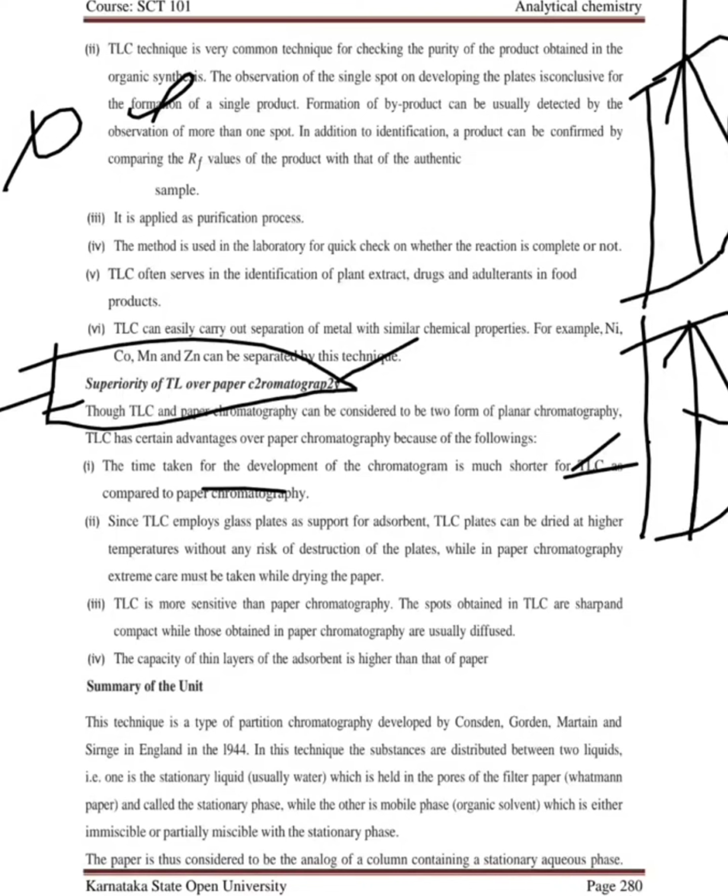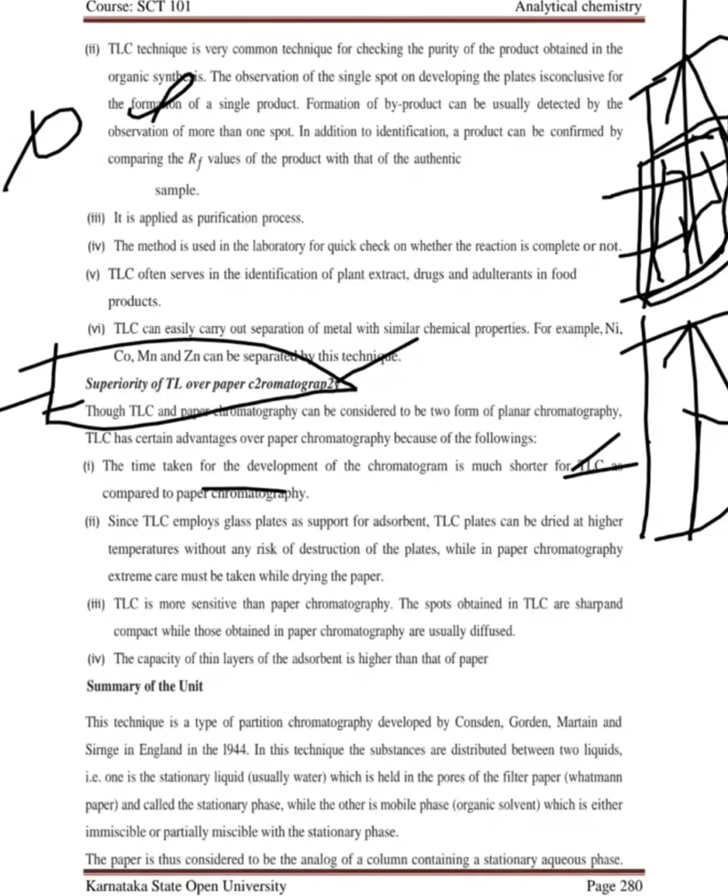Here, on the glass, we are going to use an absorbent before plotting the points, because the absorbent is nothing but the silica gel or alumina which is pasted on the glass.